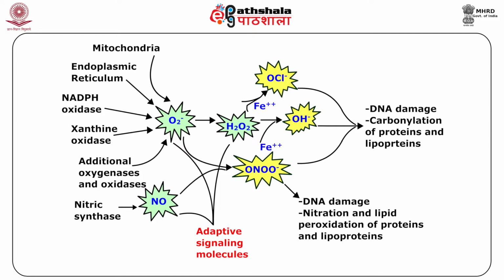Now, what is hydrogen peroxide? Hydrogen peroxide is a frequently encountered ROS with the chemical formula H2O2. It is a byproduct of various reactions in organisms. It is generated as a consequence of oxidative cellular metabolism, which may eventually get converted into highly reactive hydroxyl radicals, as shown in the figure.